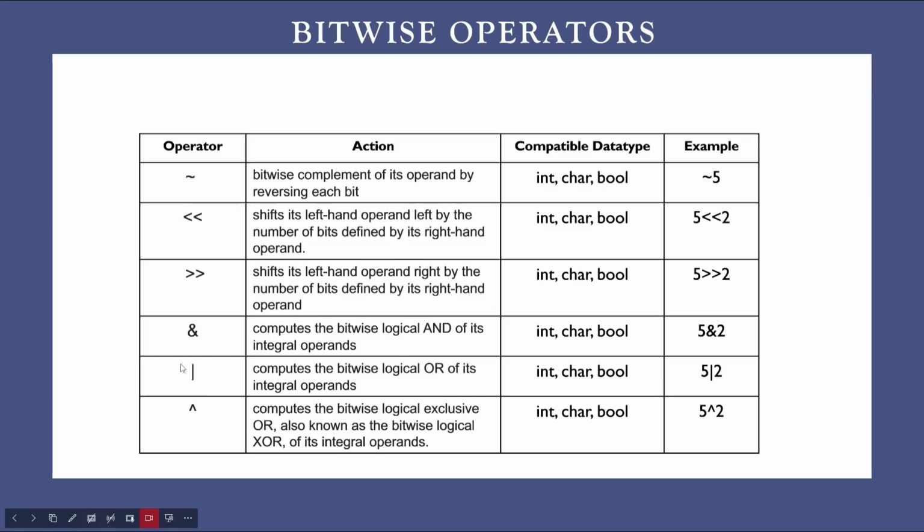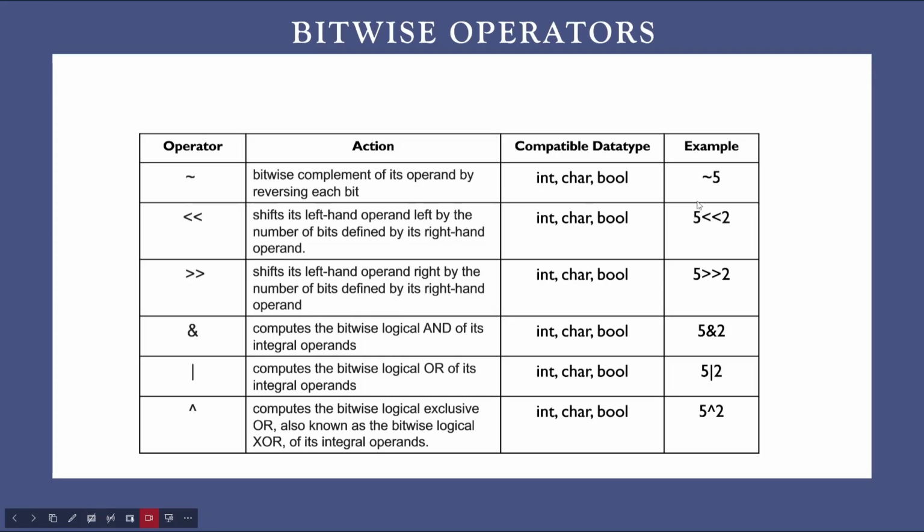You all are familiar with what AND and OR are. And coming to this one, this operator will help us in reversing each bit. Suppose you give 5, it will be converted to binary 0101, and then each bit will be complemented. If you take these two less than symbols, it is called a left shift.